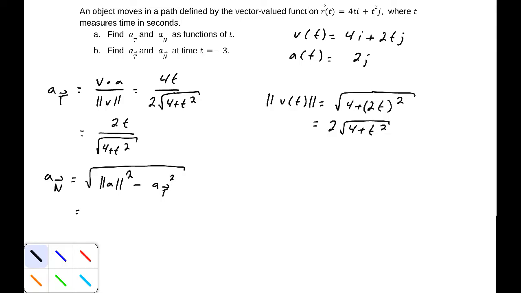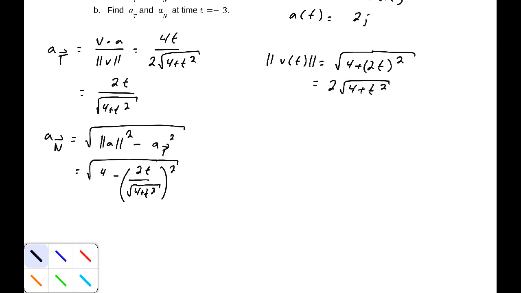So this is equal to the square root of 2 squared, which is 4, minus 2t over the square root of 4 + t², squared. Squaring the tangential component and combining these two with a common denominator, we end up with the square root of the fraction 16 over 4 + t². So the normal component of acceleration is equal to 4 over the square root of 4 + t².